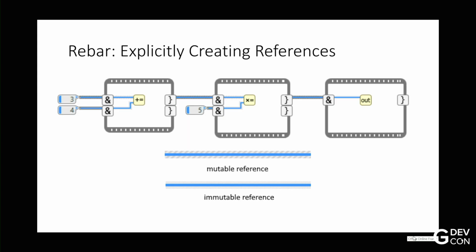And here with references too, we have a border around the wire that indicates what kind of reference it is. It's a lighter color gray. Oh wow, it doesn't even really show up there. Okay. It is a lighter color gray than the one for non-reference types. And again, there's a series of diagonal hashes to indicate that it's a mutable reference.